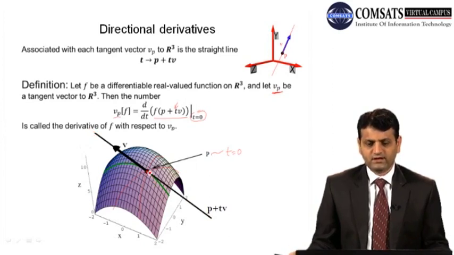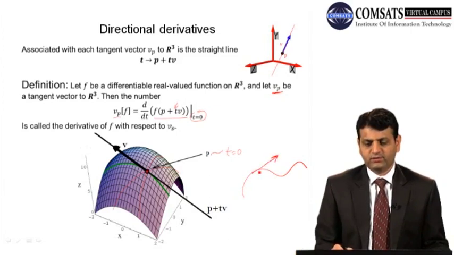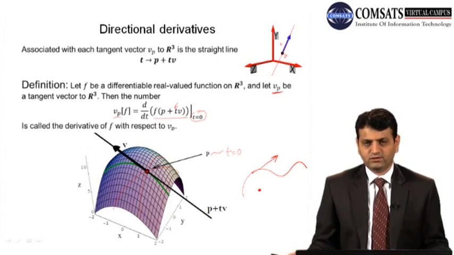In other words, we are calculating the rate of change along this curve. So it's the same case as we used to do in calculus. Given any curve, we can calculate the rate of change at any point, and it was the slope of the tangent line at that point.